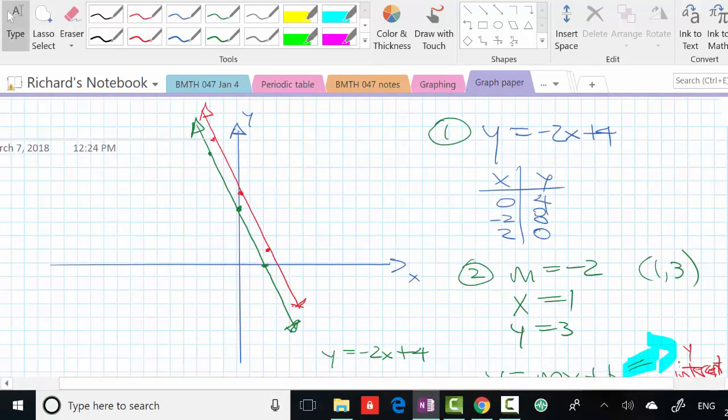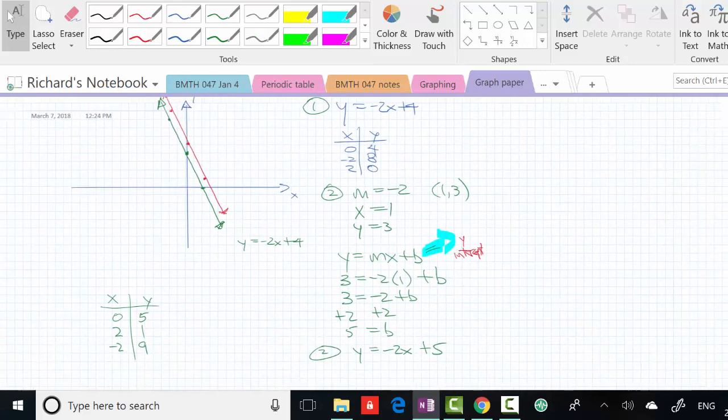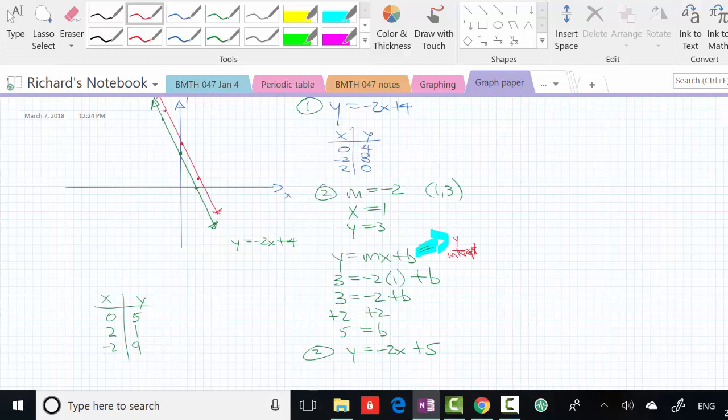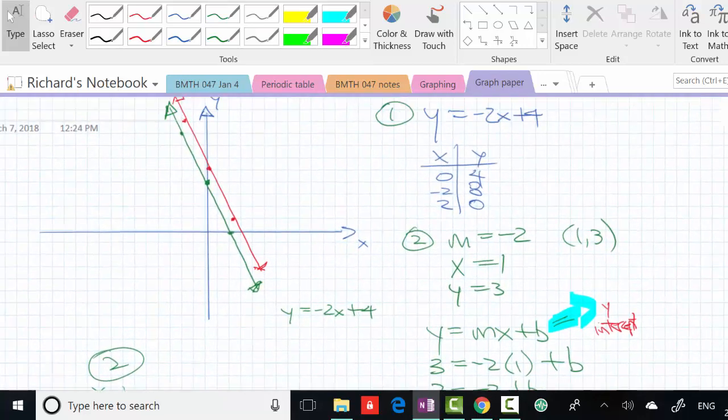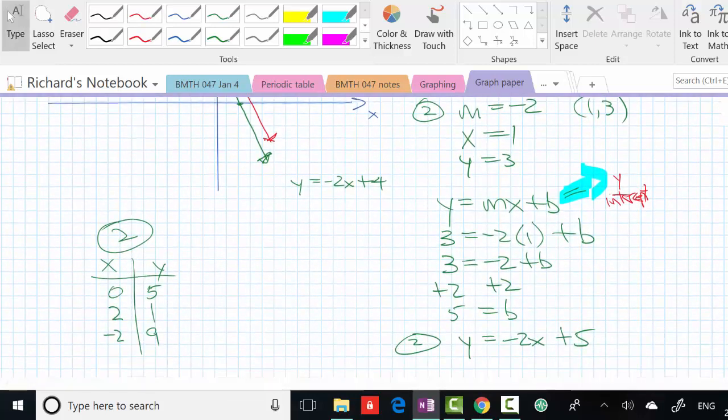Well, I have gone ahead and plotted the points for my ordinate pairs for equation 2, and you can see that I've got another line, which is in red, which is the graph of the equation y equals minus 2x plus 5.